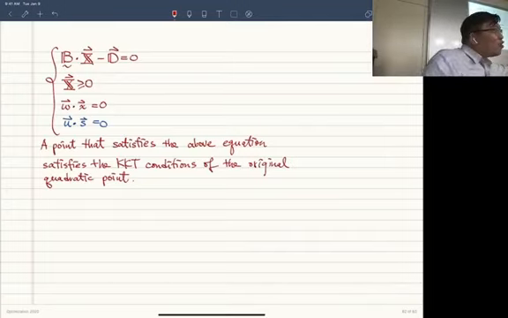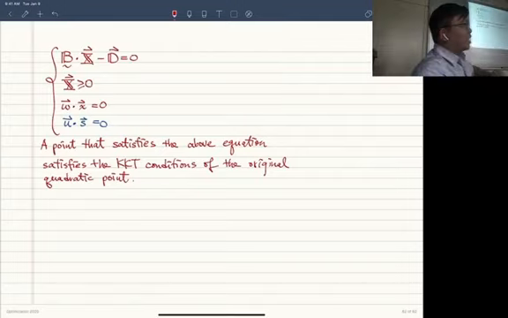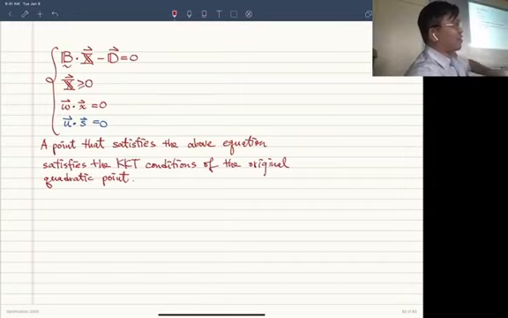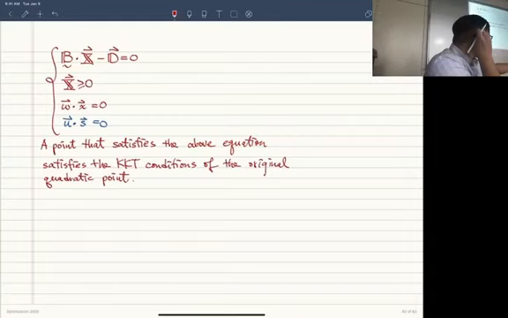So the goal of the following step basically is trying to find a point that satisfies everything. Okay? So how do we do that? Now when I see this, I feel like mathematicians are really smart.